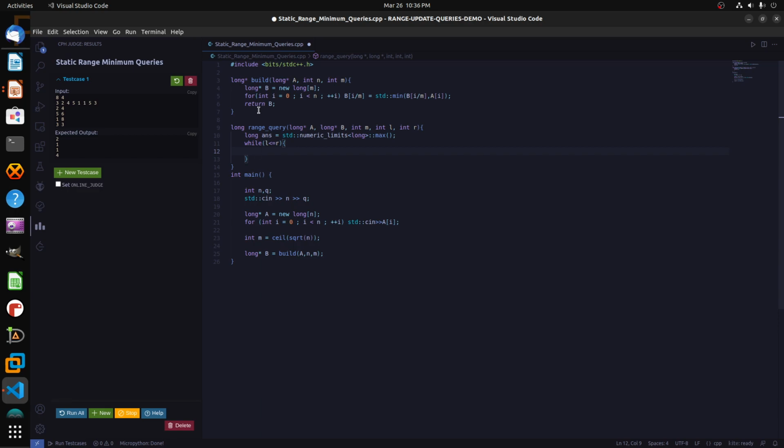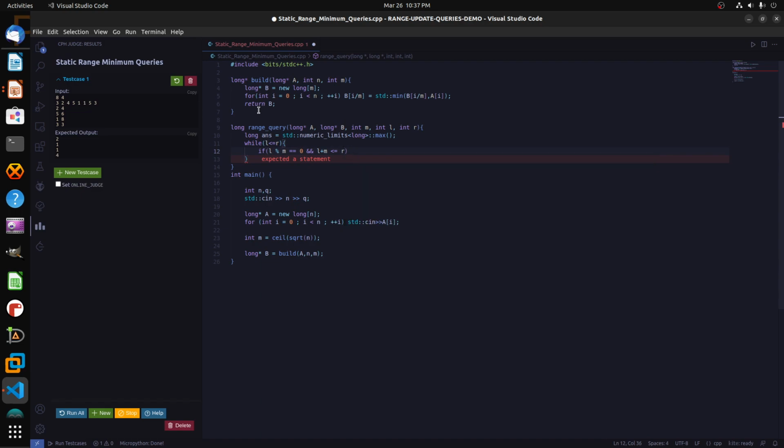If yes, we check if we are at the beginning of a block, which means the left boundary modulo M is equal to 0, and check if we can use that block, that is, the left boundary plus M is less or equal to the right boundary.